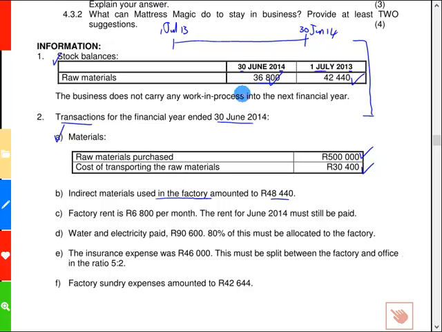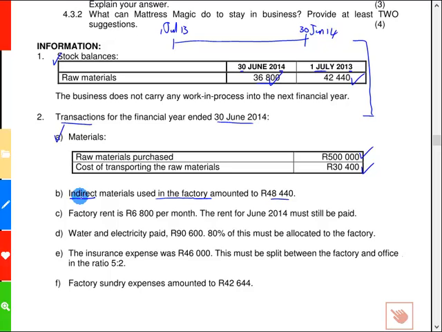Now the next question we ask is, where in the production cost statement are we going to include this? Is this direct material? Is it direct labor? Or is it overheads? And this is overheads because it's indirect materials. Do you see the two questions that you ask? First one is, is it related to the cost of making the finished product?